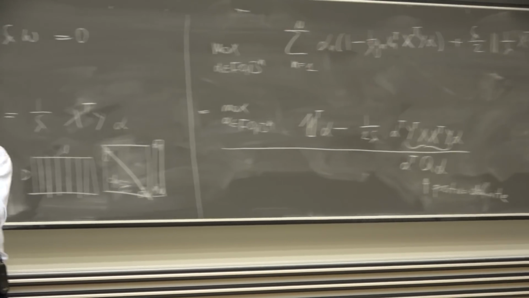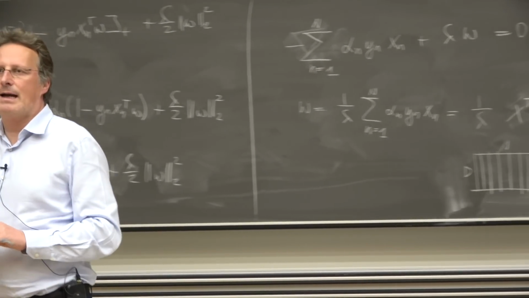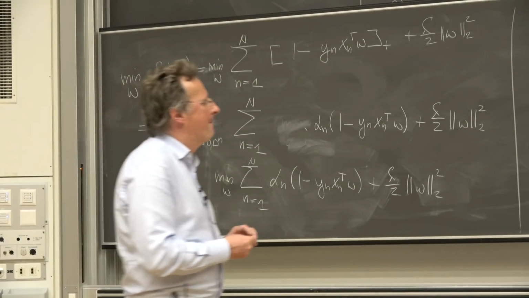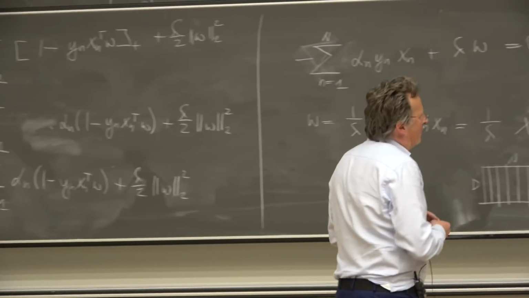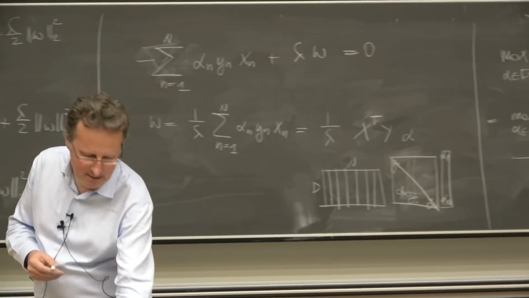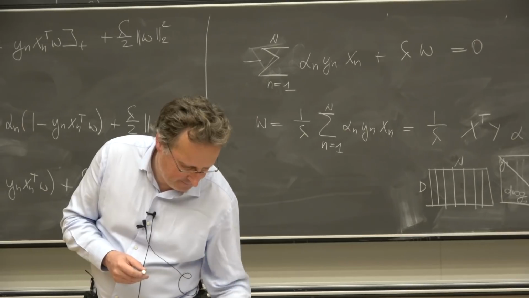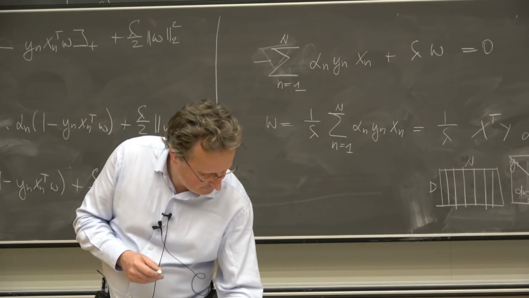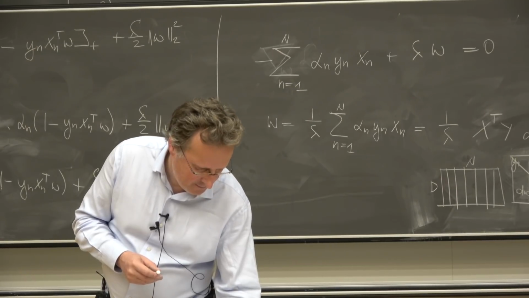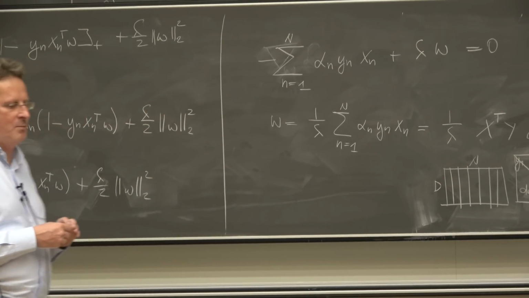It's just a product of two matrices, left to right. So this is a very nice matrix itself. And so this is now the optimization that we have to do. Let me just check that I didn't miss any factors. Okay, looks more or less correct.